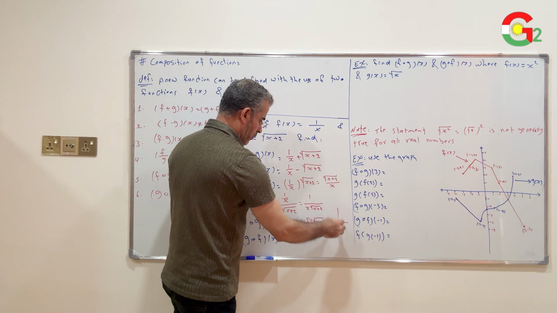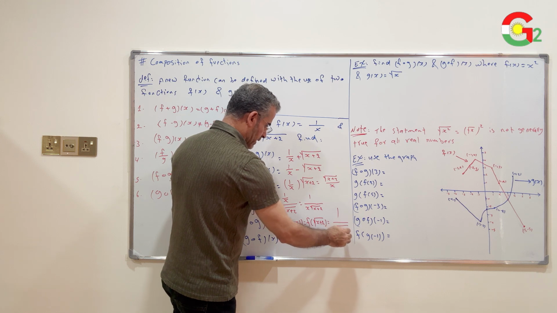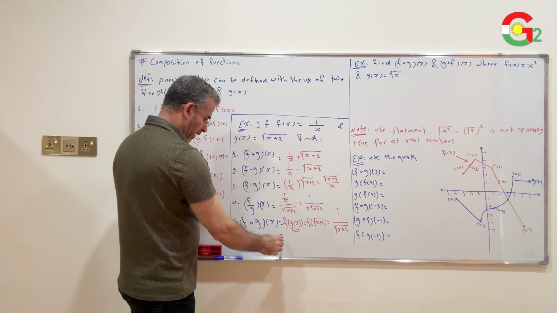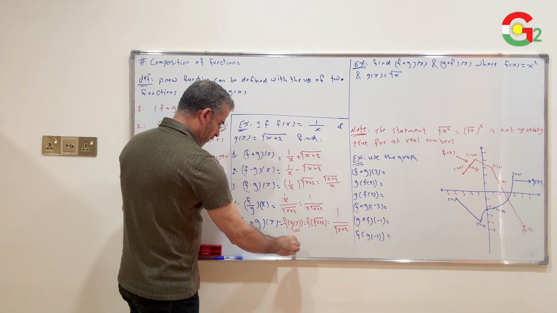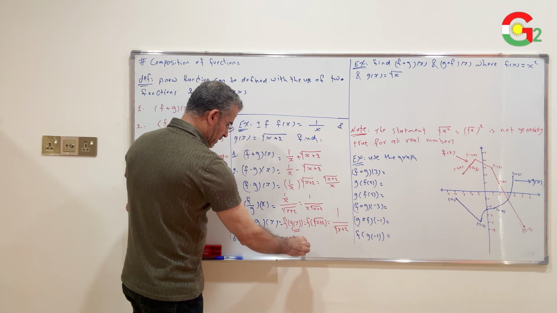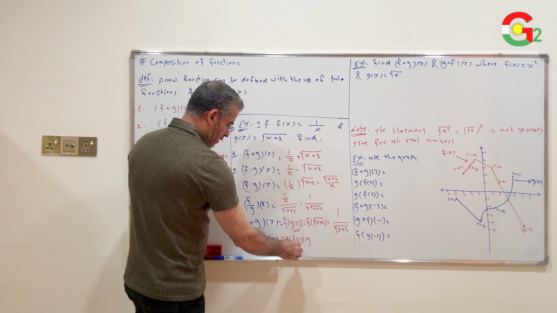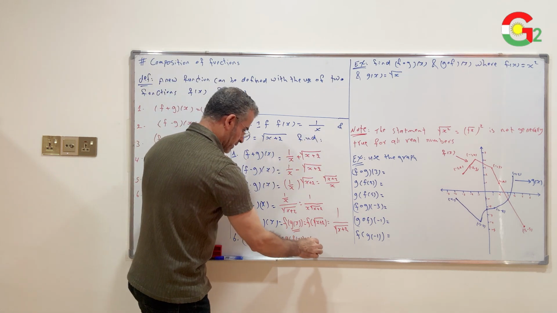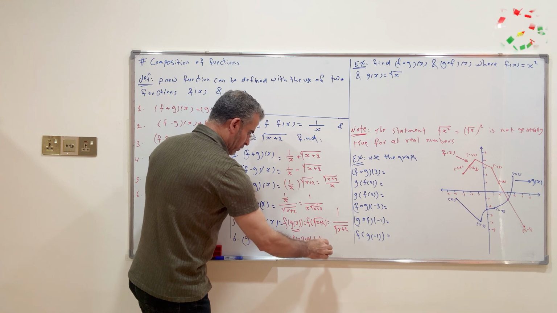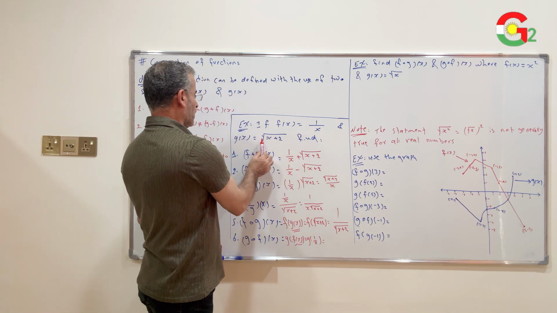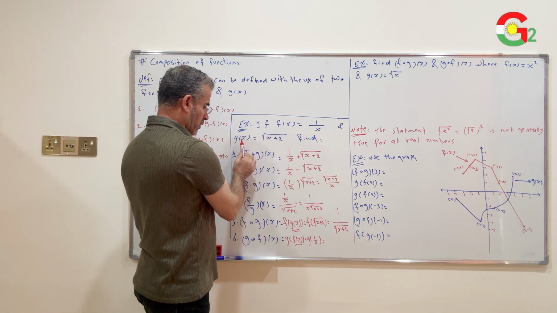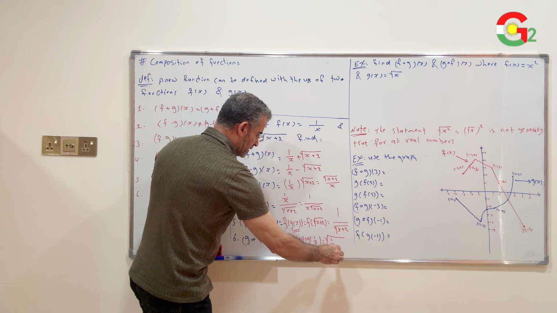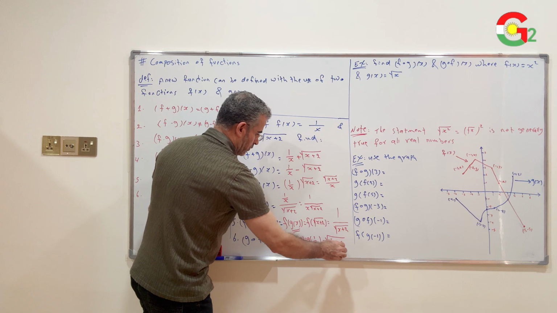It will be 1 over square root x plus 2. g o f is g of f of x equal to g of 1 over x. Change f of x with 1 over x, in the function g, change the variable x with 1 over x. It will be square root 1 over x plus 2.